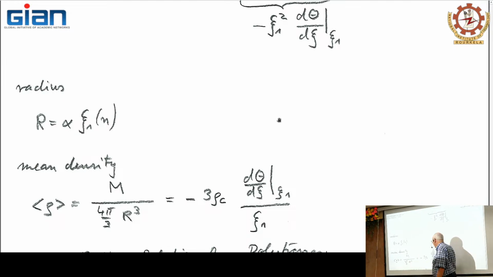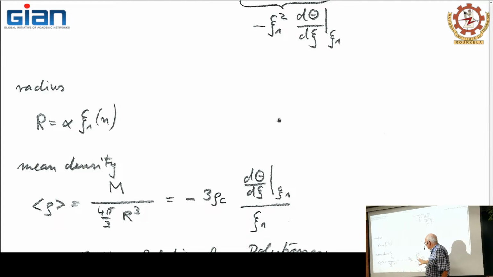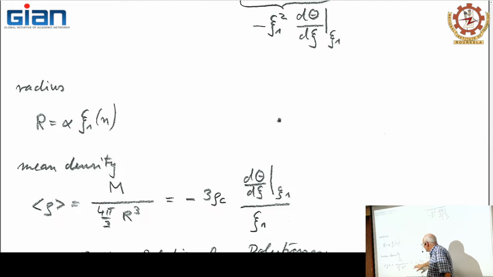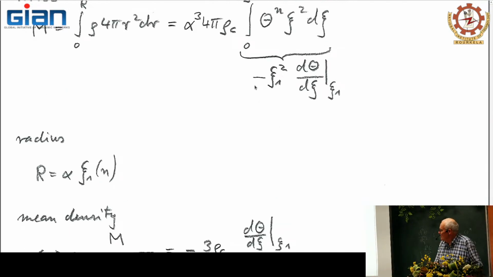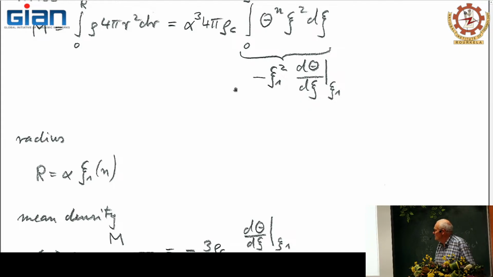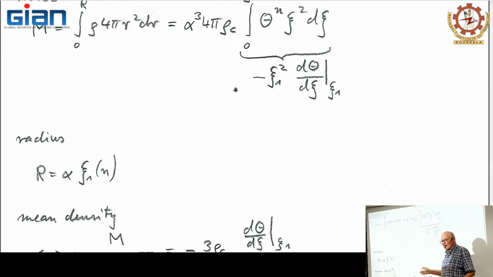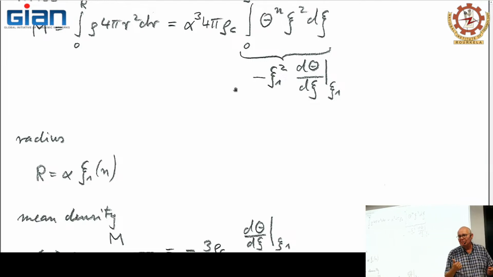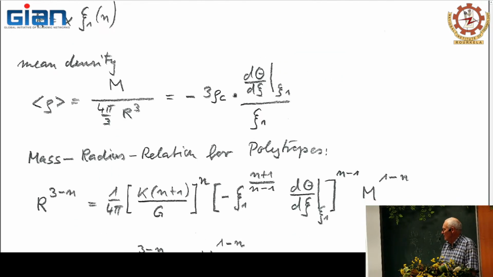So we replace the central density by mass and radius, and we replace the value of alpha by mass and density, and density again by mass and radius. We get finally a relation between mass and radius for our polytrope. Okay? This is simply some algebra at which we end up.